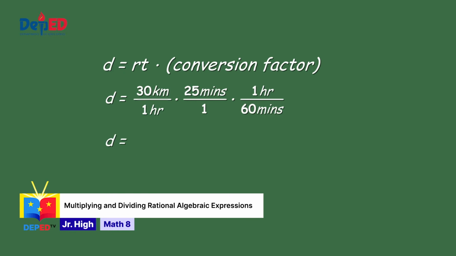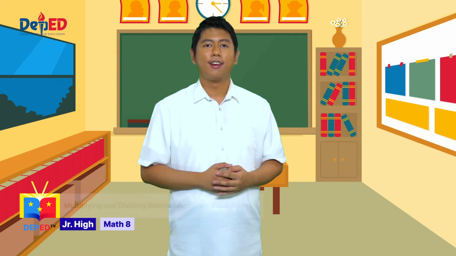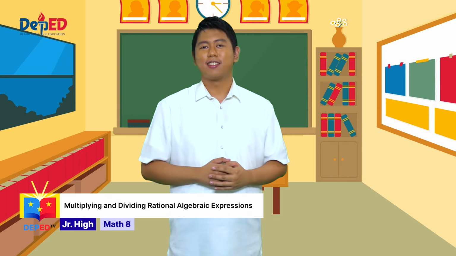It is 750 km/h over 60 hours. Dividing 750 by 60 and the common units, what will we have? We will have 25 over 2 or 12.5 kilometers. We are done with multiplication.